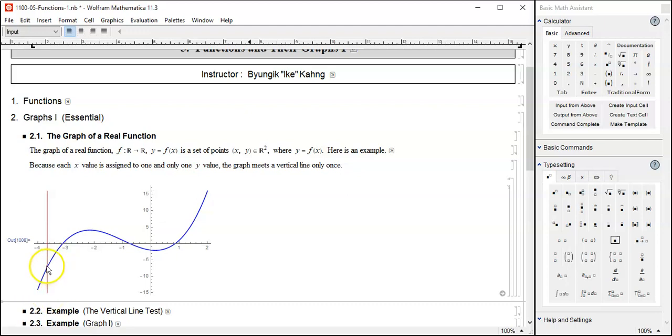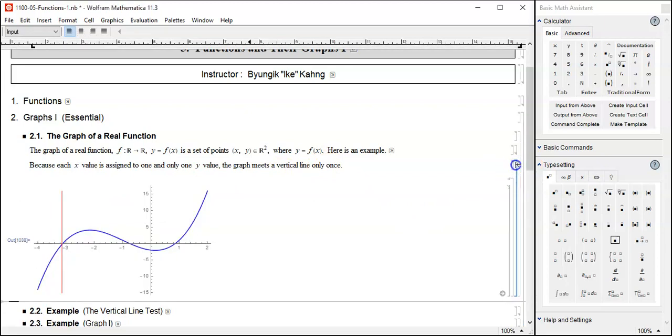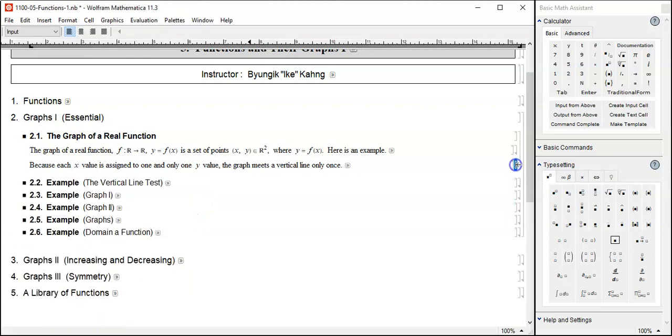This is part of the graph. So same x value, and right here on this crossing, that y coordinate is the function value. All right? So we have only one y value, which means we have to have only one crossing. If you cross twice, that means you have two function values for x, two y coordinate values for a given x value. That's not a function. This program is randomized, so you can run it again and you're going to get different vertical lines, but each time you have only one crossing. That's easy to see.